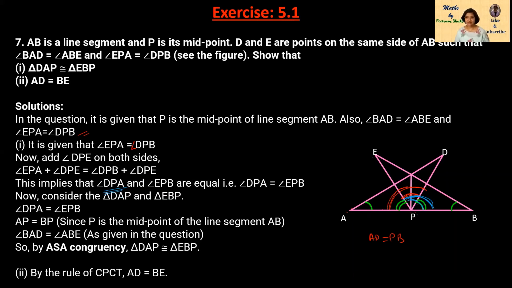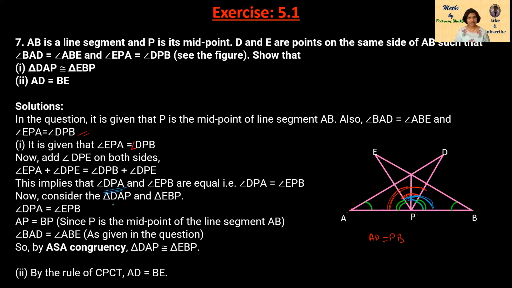So it is a little confusing, complicated, but not difficult. Complicated because it is complicated, so you have to be careful when you are writing or reading the angles. So slowly, if you understand it, definitely it will be clear to you. That is angle DPA equals angle EPB. These two angles are equal.